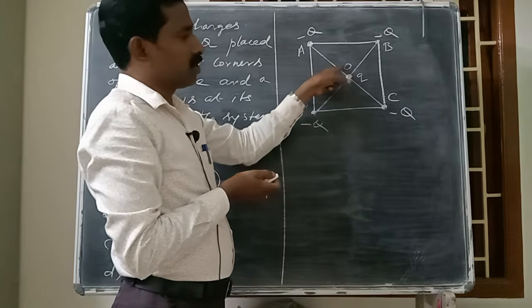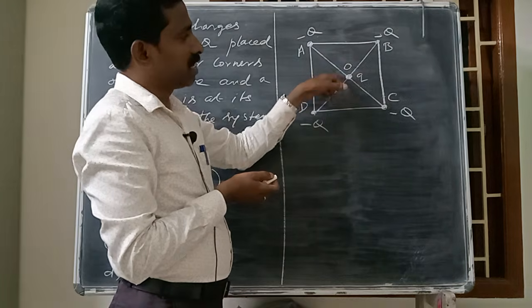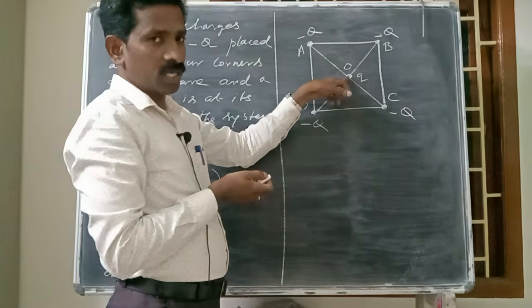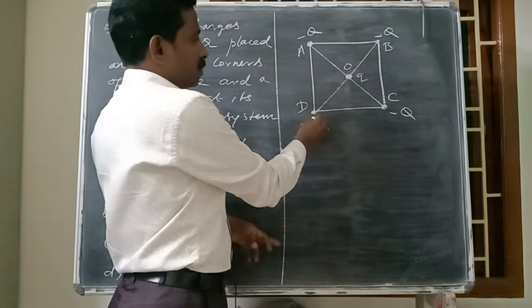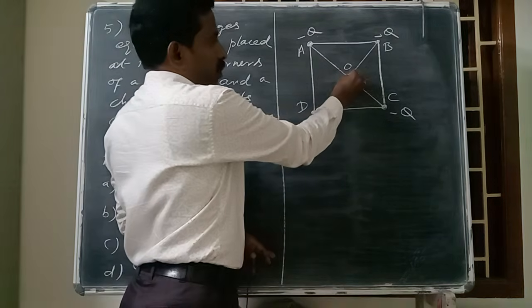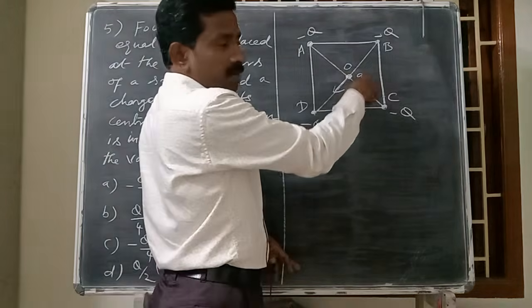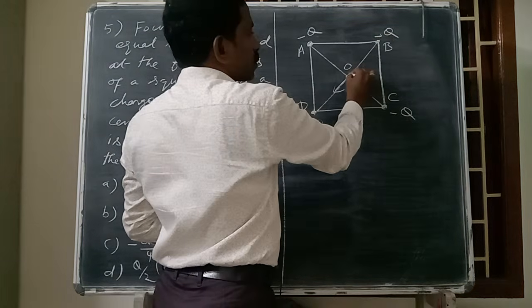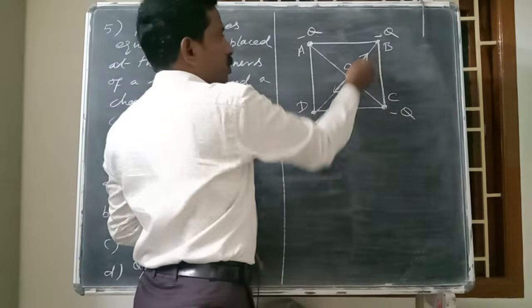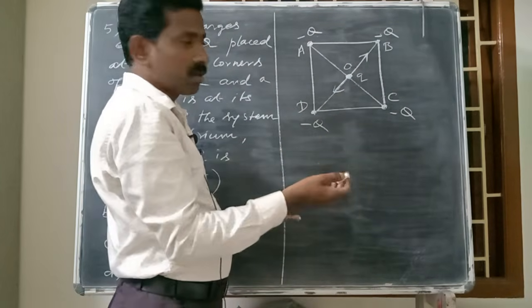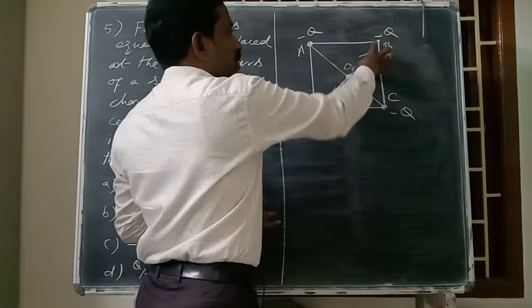See, this small q should not be disturbed, which means the net force acting on this small q should be equal to 0. How many forces are acting on this small q? See, this minus q will attract this small q in this direction with some force. Simultaneously, this minus q will attract this small q in this direction. These 2 forces are equal because same magnitude, minus q, same distance.